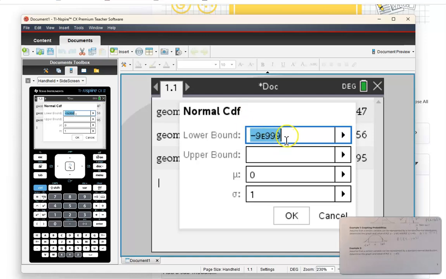The lower bound, leave it at negative infinity. The upper bound is where you want it to stop, negative 1.65. Leave the 0 and 1. This is standard normal. If for some other reason they give you a different mean and standard deviation, you would change it. But this problem did say it's representing a standard normal distribution.